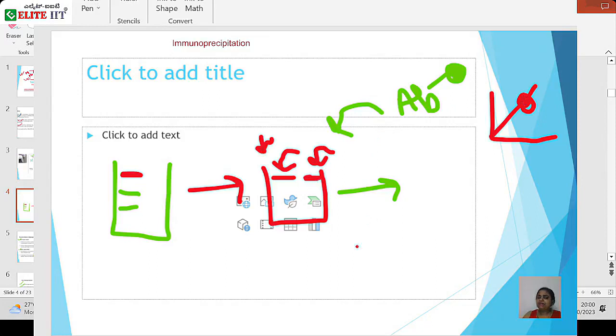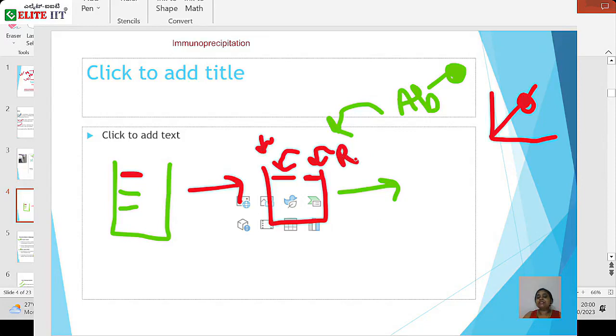Everywhere, whenever you are doing any test, you should have some reference or standard. So in Western blotting also, there should be one lane where you add the control or reference, so that you can exactly match it with the result. Clear? This is the reference you are running.